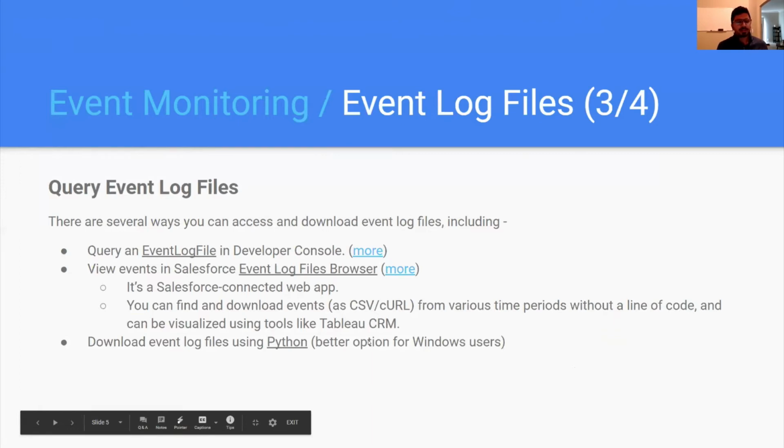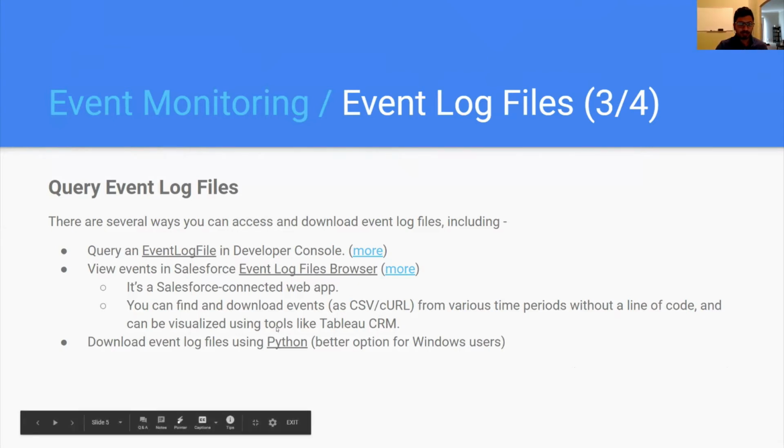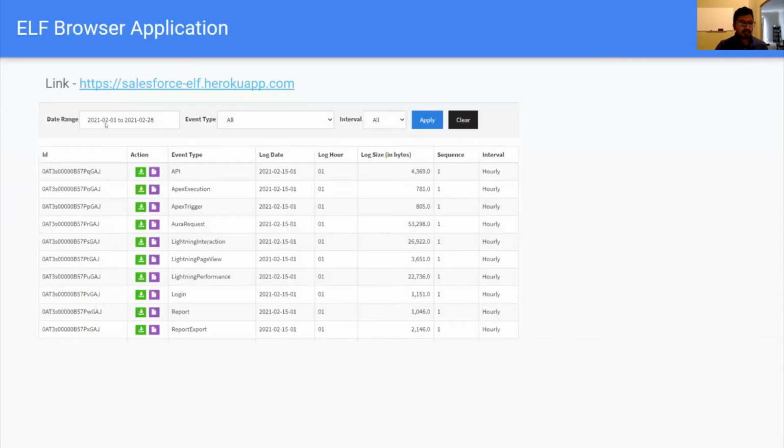Another way is to use Salesforce's own event log file browser, which is a Salesforce connected app. And all the links I have given in the notes. So when you open this presentation, you'll find all these links in your notes if you are more curious about it. The way it works is it gives you an option to download a CSV or curl file, and you have a date range.